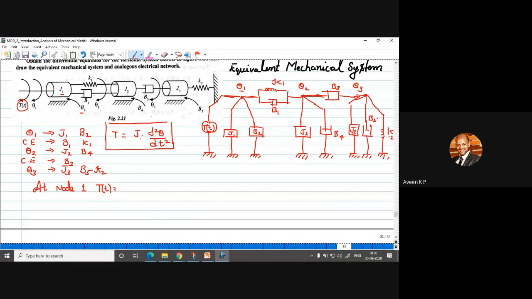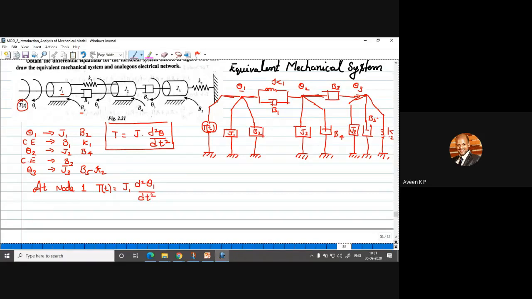J1 is the torque equation rewritten as inertia J multiplied by d square theta by dt square. The particular angular displacement is theta 1, so let me represent J1 multiplied by d square theta 1 by dt square.